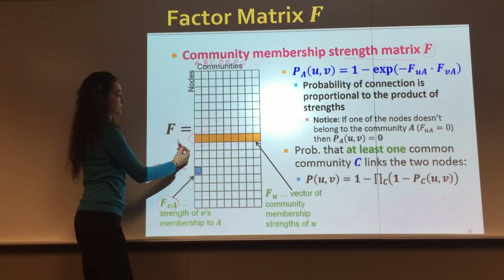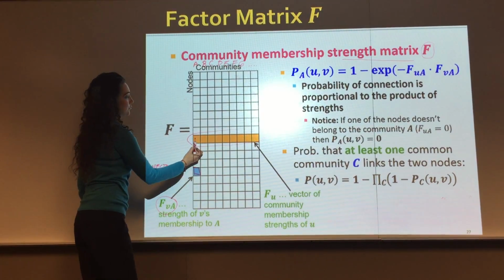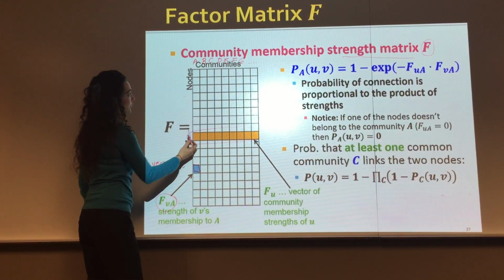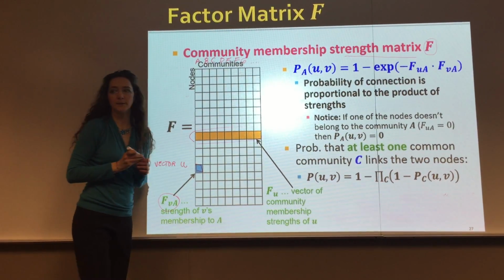And the row is a vector for the strength of membership for this particular node in each of the communities.